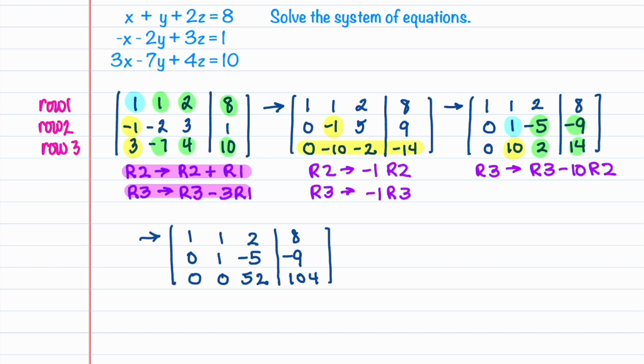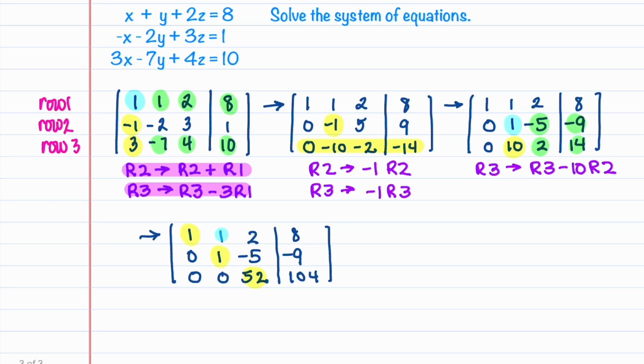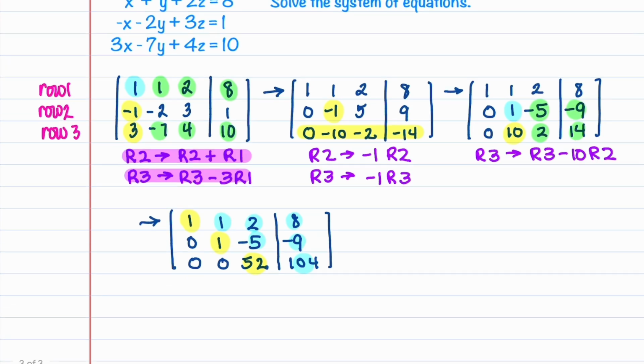This matrix is now in row echelon form. Our entries along the diagonal are either 1 or other numbers. We could have easily divided row 3 by 52 to make that number a 1, but we don't have to. And then we have numbers to the right of those yellow entries.